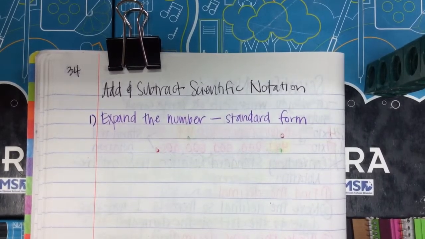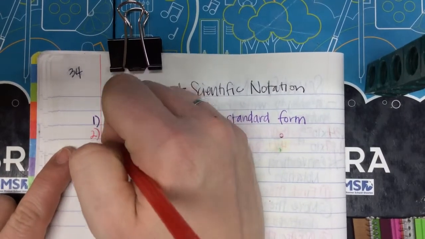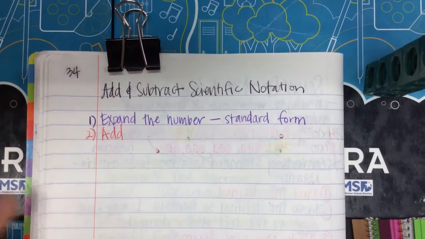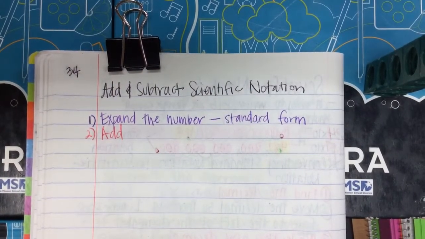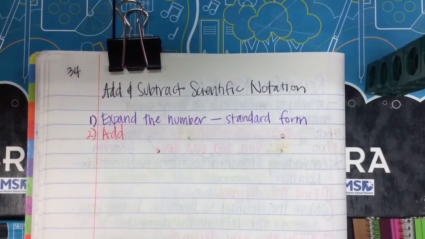After you expand the number, you rewrite it. You're going to add the numbers together. Get a calculator, add them together, or do it mentally.